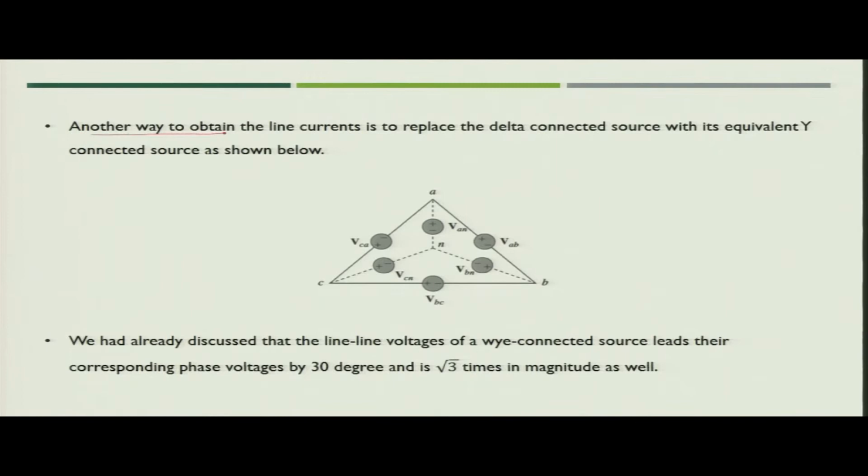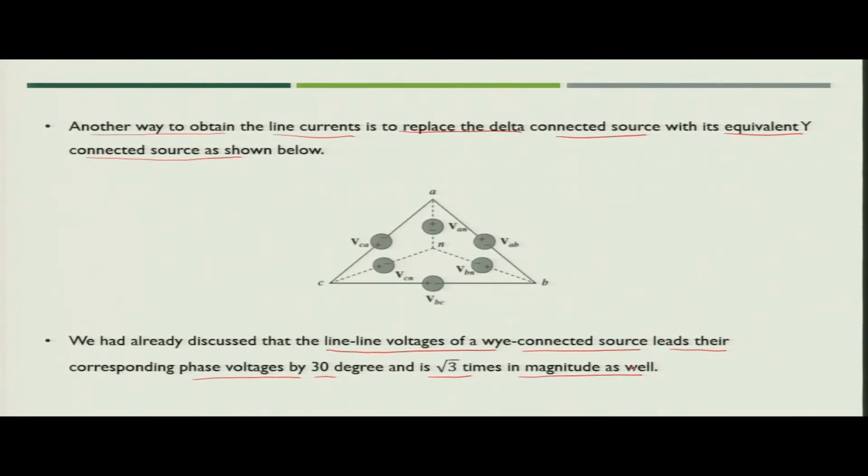Another way to obtain the line current is to replace the delta connected source with its equivalent star or Y connected source. Let the phase voltages be VAN, VBN and VCN. We have already discussed that the line voltage of a Y connected source leads the corresponding phase voltage by 30 degree and is root 3 times the magnitude.